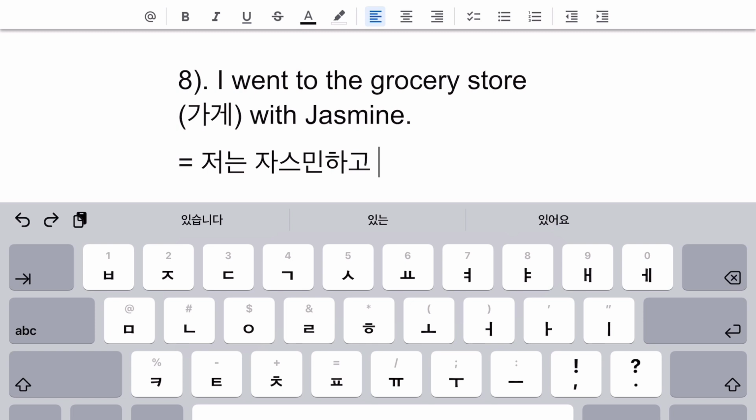So when doesn't specify. Where, 가게. We know we need our particle. We just went to the grocery store, so we don't need 에서 because we're not doing anything special. And then what did we do? We didn't do anything to an object.